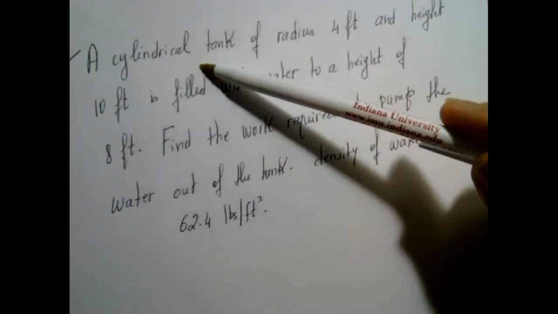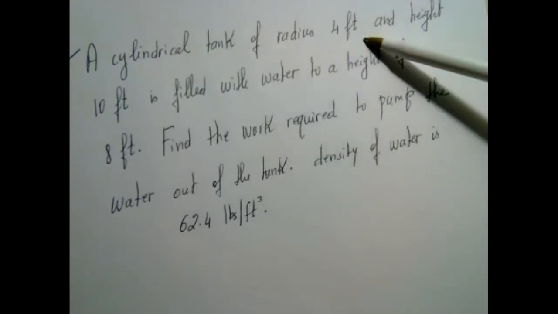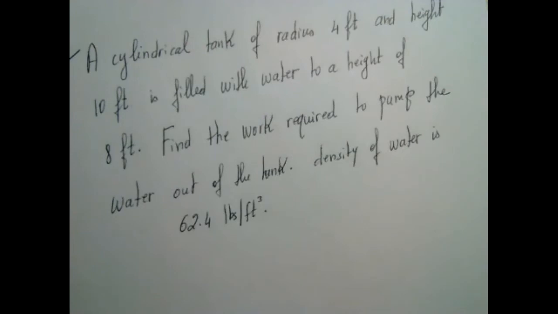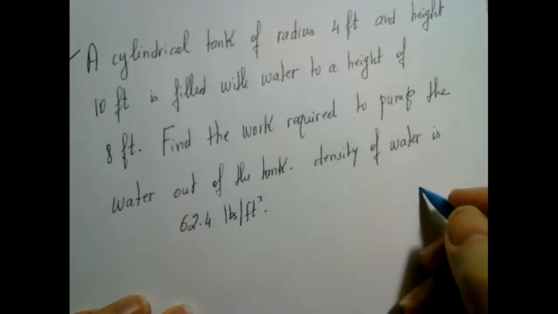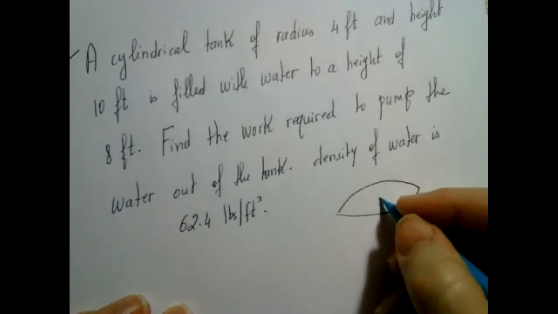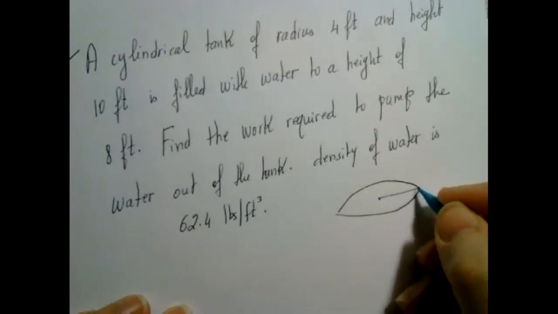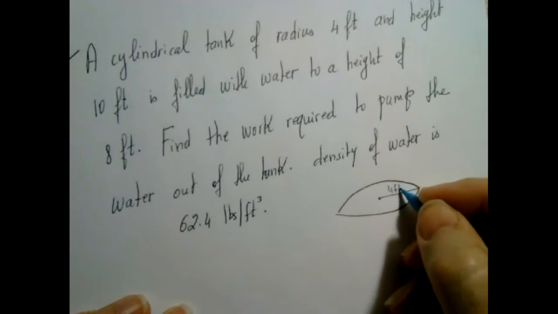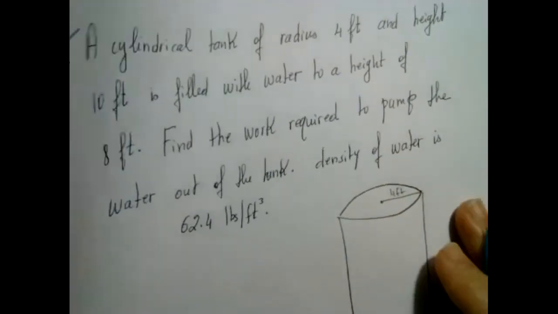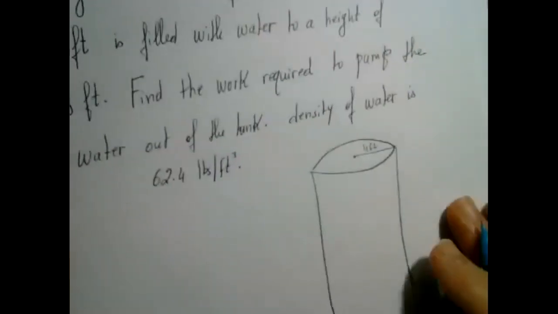A cylindrical tank of radius 4 feet and height 10 is filled with water to a height of 8 feet. So we have a cylinder. The radius is 4 feet, and the height is 10 feet.